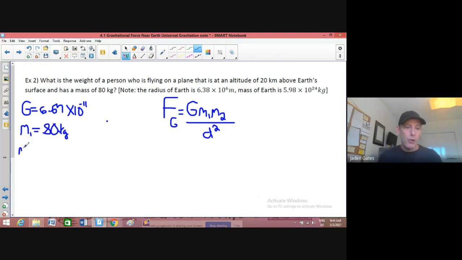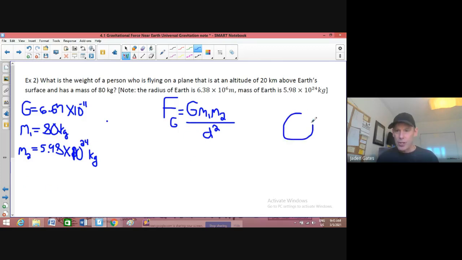All right, M2, this object we're attracted to, because again, we're looking at the force of attraction between two objects. Well, we got our person and Earth. And our Earth is going to be 5.98 times 10 to the power of 24 kilograms. Big, obviously.